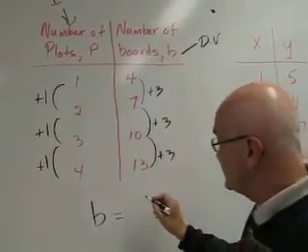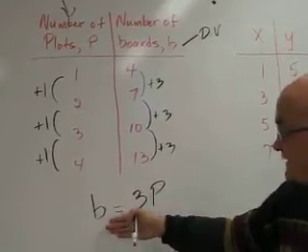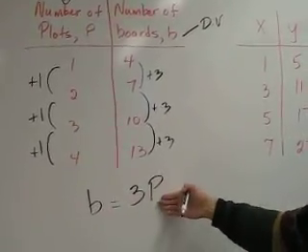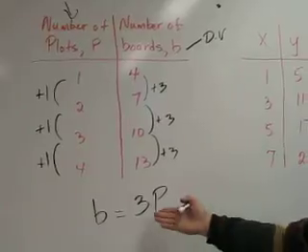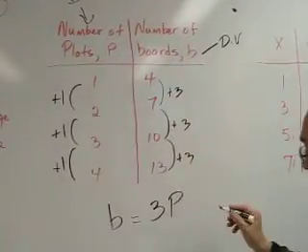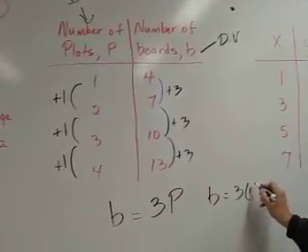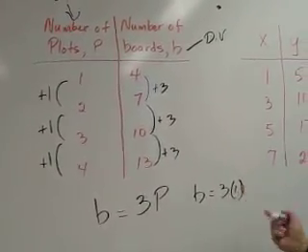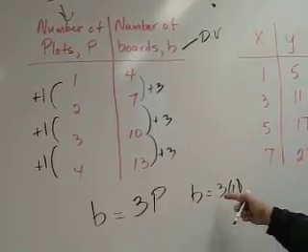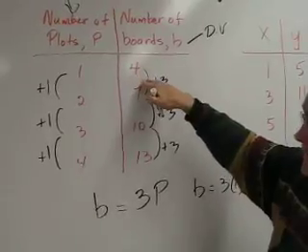So as a starter, I can say the number of boards is at least 3 times the number of plots. Now, when we test this out, if I have 1 plot and I multiply it by 3, you'll see that that is insufficient to get the number of boards.